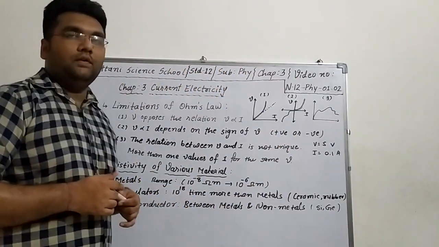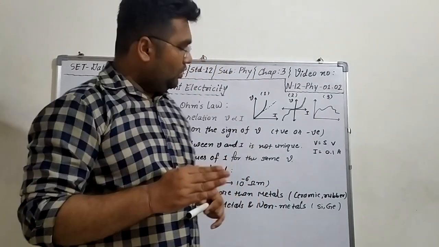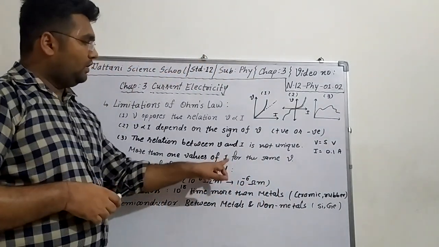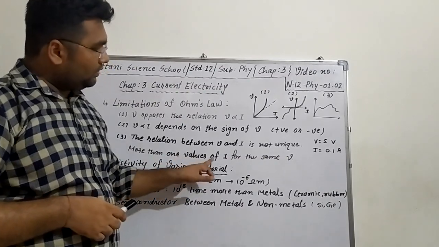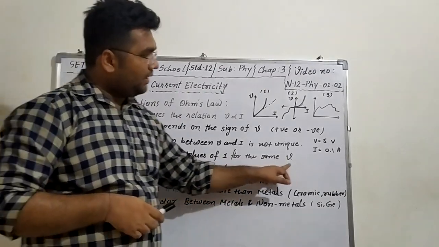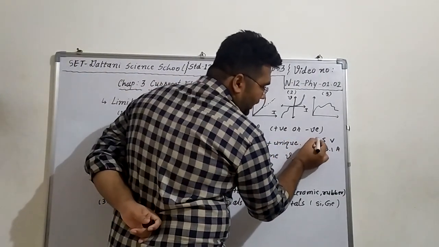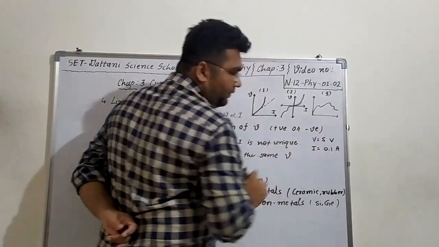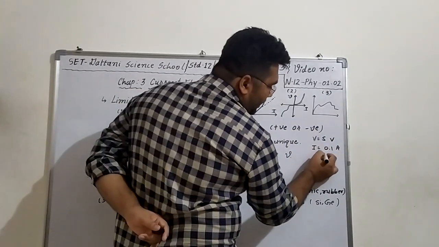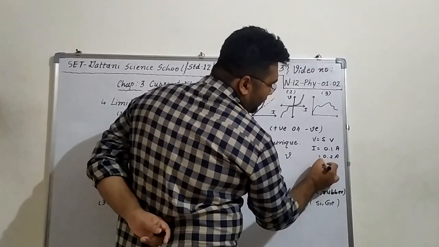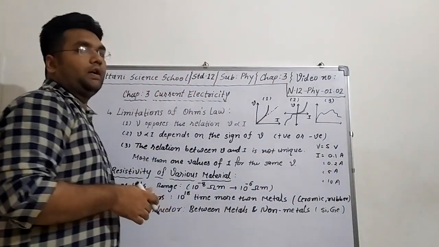There are many devices in which we can find more than one value of I for the same voltage. That means if you give 5 volts of input, you can get an output of 0.1 ampere, 0.2 ampere, 5 ampere, 10 ampere, whatever.